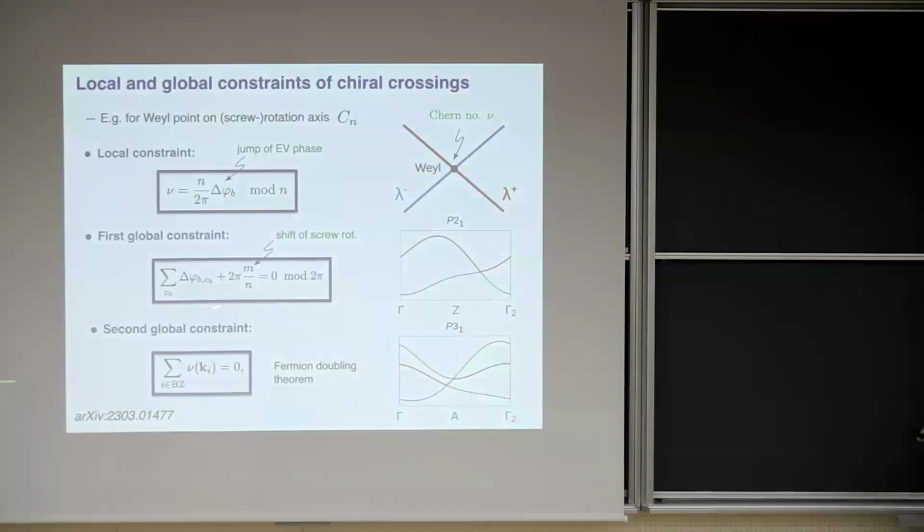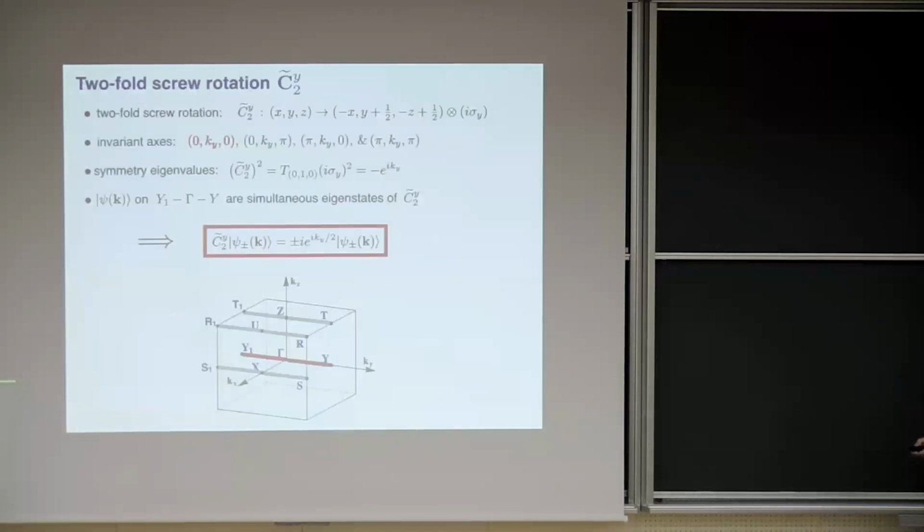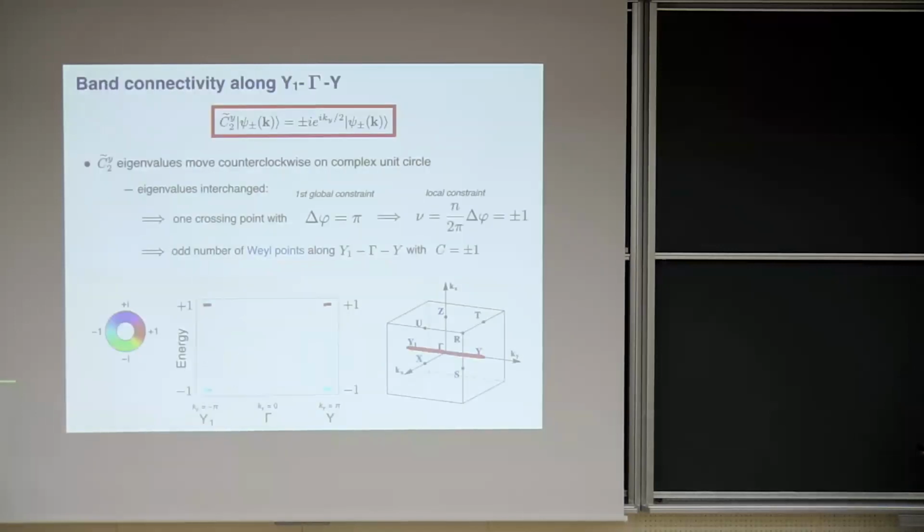So that means if we have these phase jumps, this must be different from 0. So in our case, for this twofold screw rotation, this factor here would be 1/2. So the sum of the phase jumps must be π. Okay, this is shown here pictorially. So in the simplest case, we have just one crossing, and then this phase jump must be equal to π.